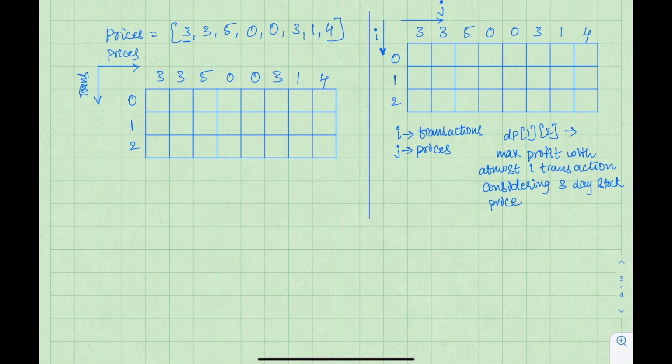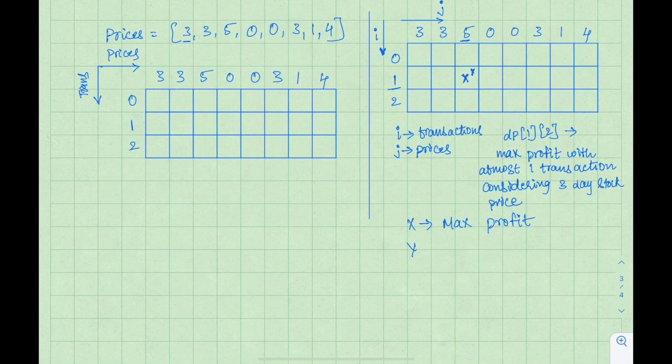And I am going to mark here as X, and I am going to store it. For the purpose of explanation, I am going to explain what X and Y mean. X refers to max profit. The way you should read this is the max profit with 1 transaction and considering 3-day stock price.